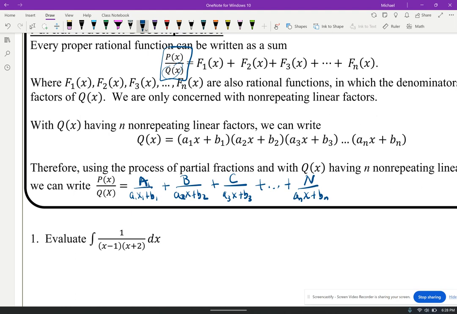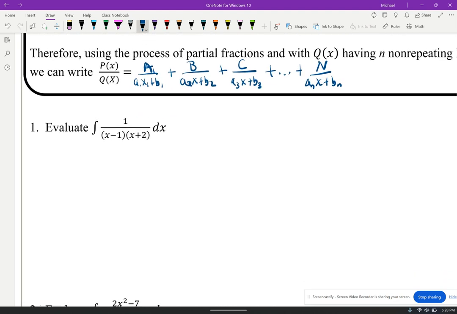And so I'm going to jump right into it so you can see how this process is going to work. The whole point here is we're trying to take this complicated looking thing. I don't know how to find the antiderivative of this, but if I can break it up into a smaller, simpler piece, then that's going to be very, very helpful. So here's what partial fraction decomposition says.